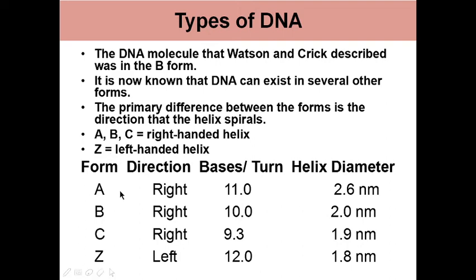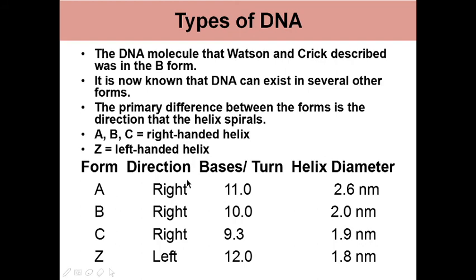Then the A form, which was discovered by R. Dickerson. Most RNA and RNA-DNA duplexes exist in this form. It is shorter and thicker than B DNA. It has a deep and narrow major groove which is not easily accessible to proteins. It exists under low humidity and high salt concentration.